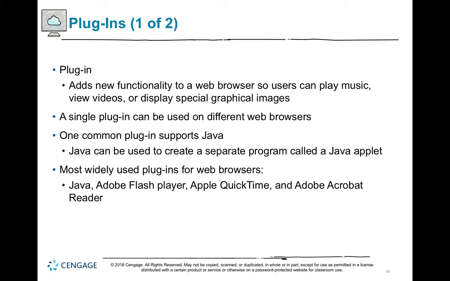Plugins add new functionality to a browser, so it can play music, view videos, and display special graphics. Adobe Flash would be an example of a plugin. A single plugin can be used on different web browsers; Flash will work on all the web browsers. Common plugins support Java, Flash, QuickTime, Adobe Acrobat Reader, things like that.